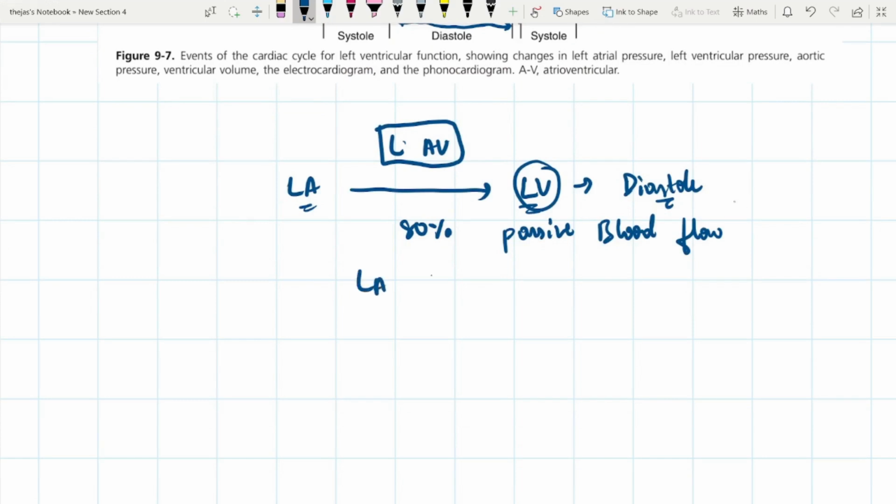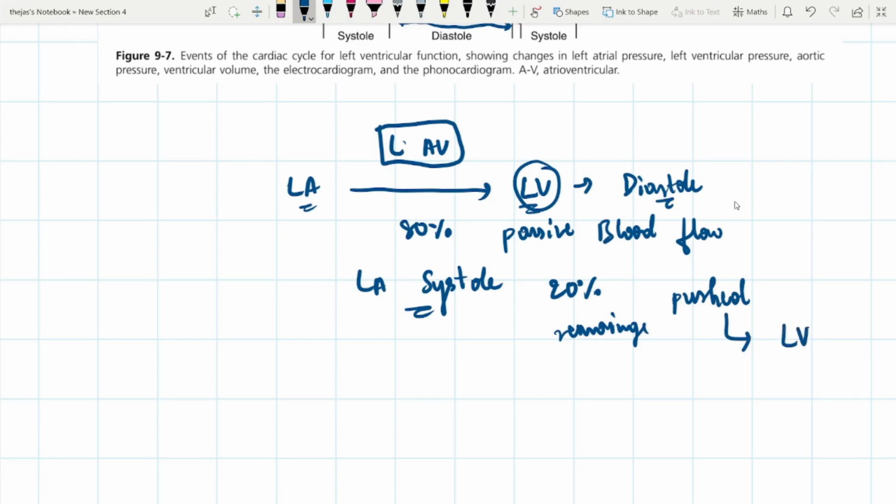Remaining how much percentage of blood is left in left atrium? Remaining 20%. Remaining blood is pushed because of force of contraction of left atrium, pushed into what? Pushed into left ventricular cavity, which is still in diastolic phase.